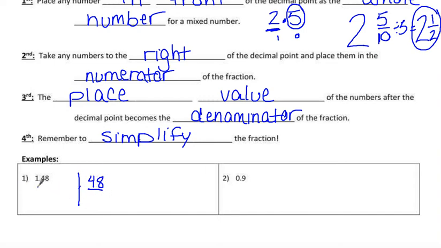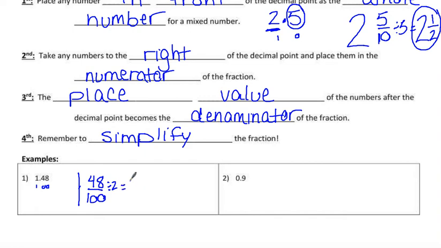Now I need to find the place value. Here's the ones place, the tenths, and the hundredths. So the 48 is in the hundredths place. And then the last thing that you need to do is simplify. So in order to simplify this, we can divide it by 2 because they're even.